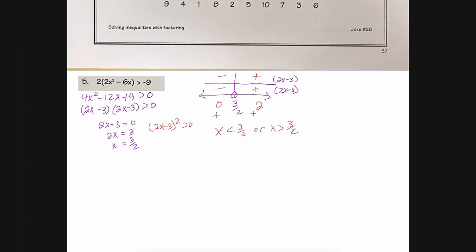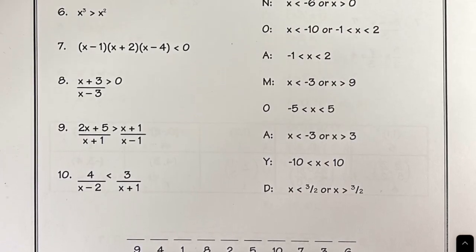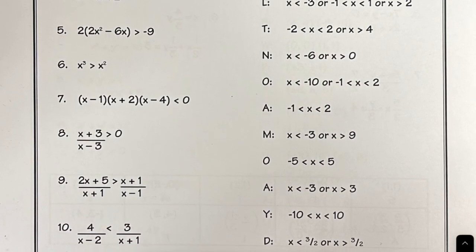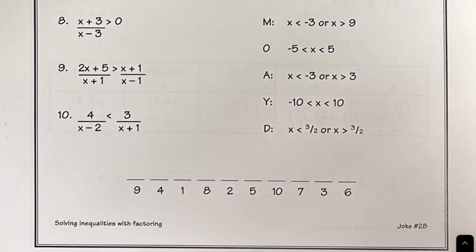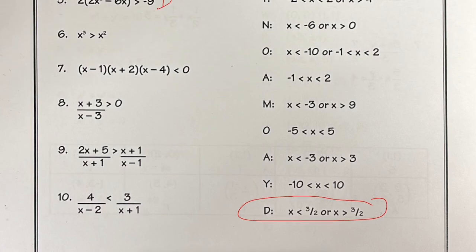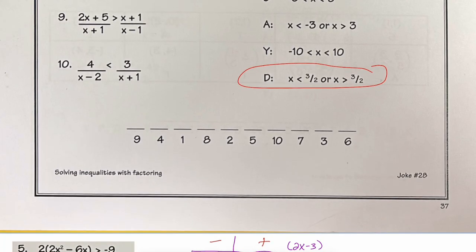So when we go up to the answer possibilities, the only one that shows 3/2 is D. So 5 is D. You could put a little D next to 5, and then go down to the answer to the joke spot and put a D at number 5.